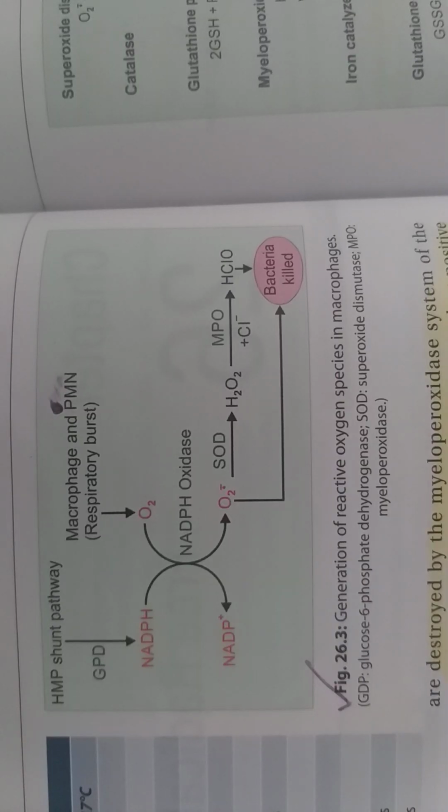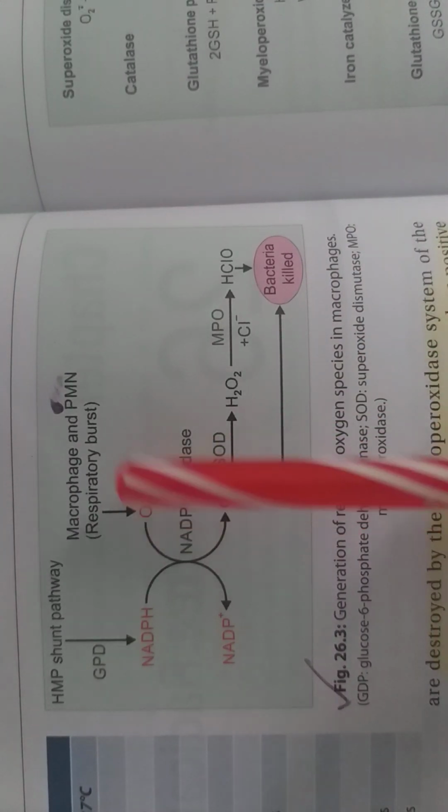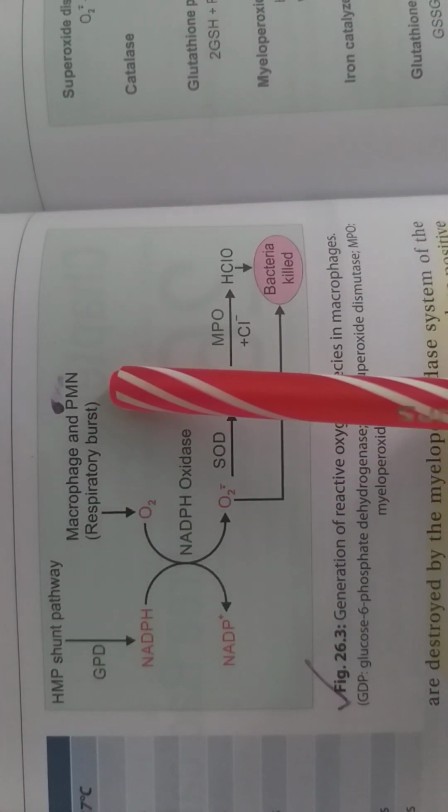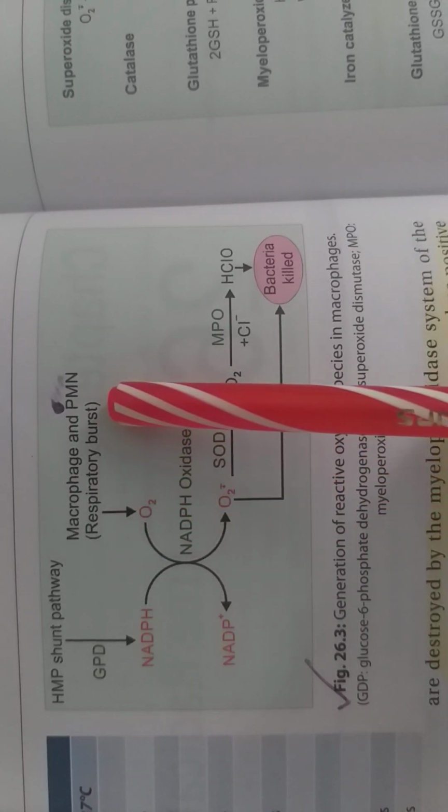Here I'll be primarily discussing how the reactive oxygen species are generated in the macrophages, and this takes place at the time of phagocytosis. Let's see how it works. The macrophage and PMN, polymorphonuclear leukocytes, undergo respiratory burst.